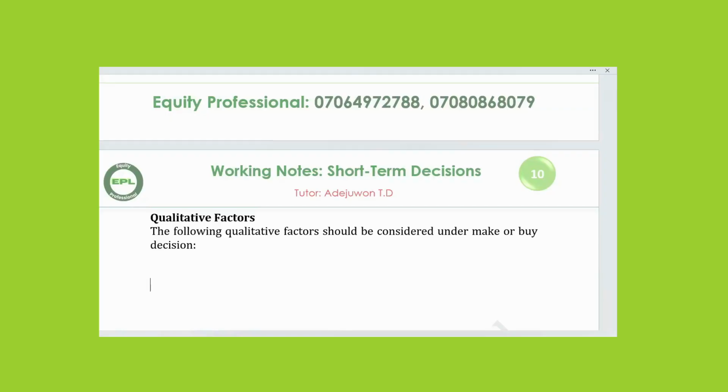The two of them combined together represent the entire qualitative factors that you are going to indicate in the question. So anytime you want to state your qualitative factors under make or buy, you need to look at the perspective of the company as well as the angle of the supplier. Then you align the two together. You can do 2 or 3 for the company, then 2 or 3 for the supplier.